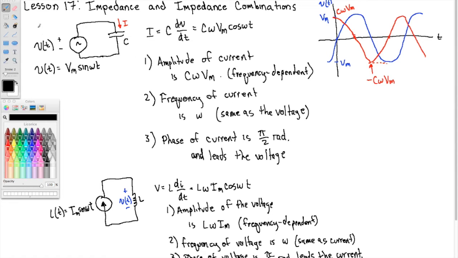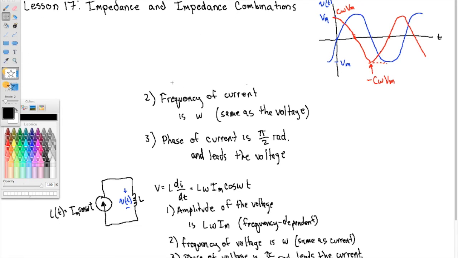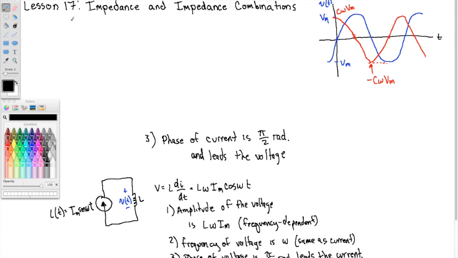Let's summarize these 3 components, the resistor, the capacitor, and the inductor. Okay. So we'll put resistor here. Okay, and so the amplitudes in a resistor are related by Vm equals Im times R. So this row will be the amplitudes.